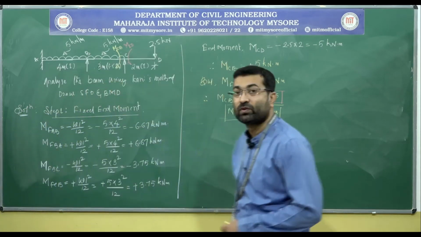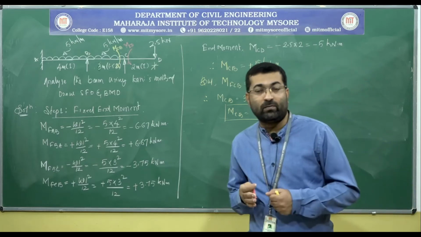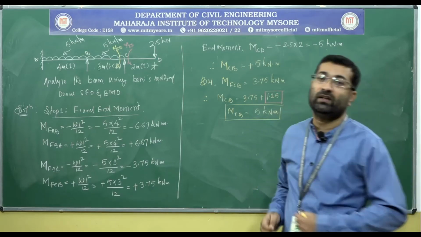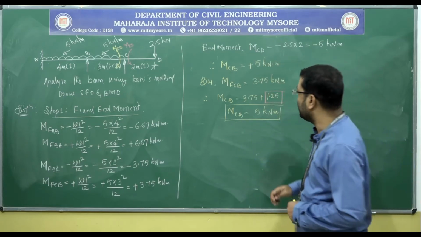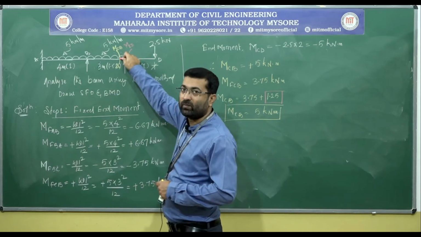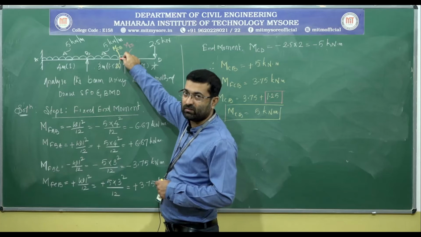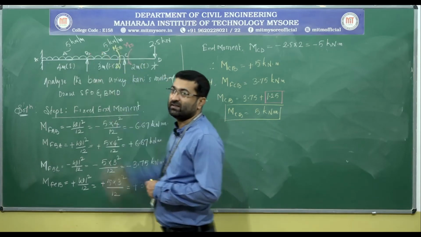In the moment distribution method, we have learned whenever we are adding some additional moment, 50% of that moment has to be carried to the other end of the same span. Here I am adding plus 1.25 kilonewton meter moment, and 50% of that has to be transferred here.